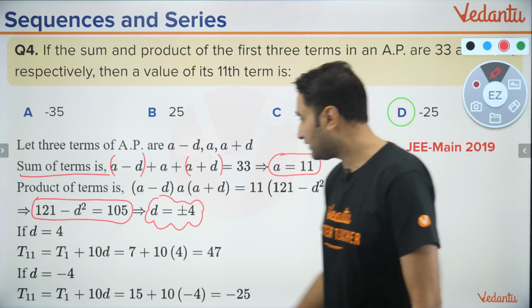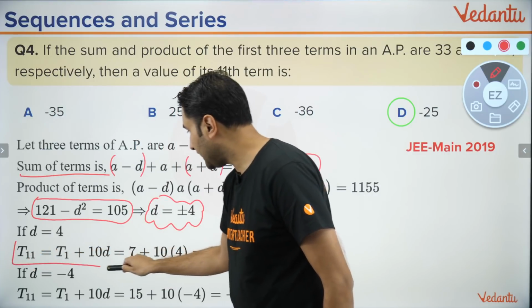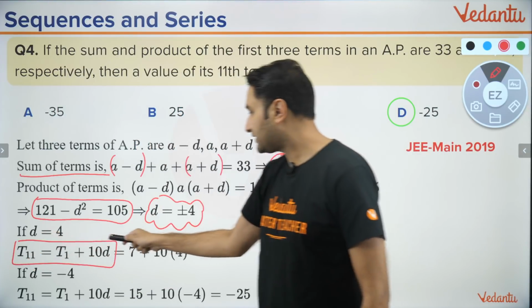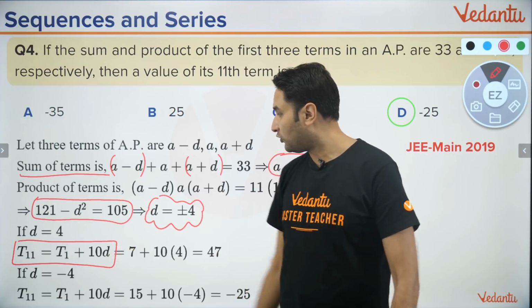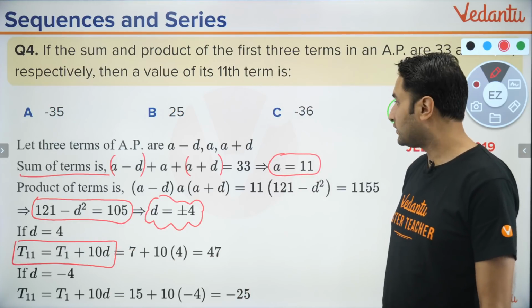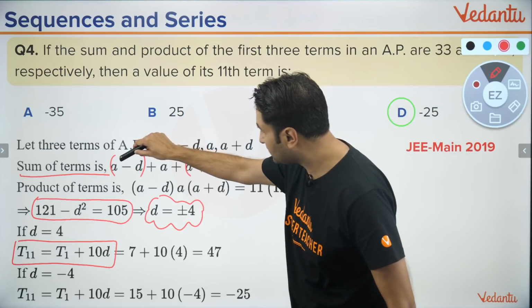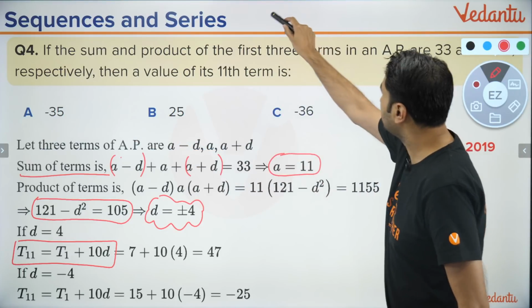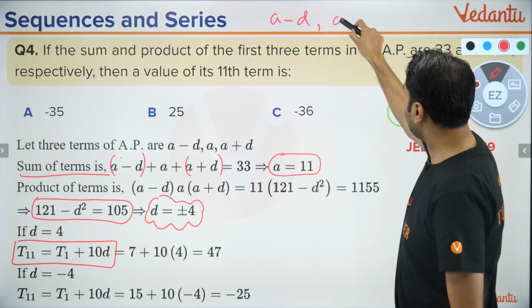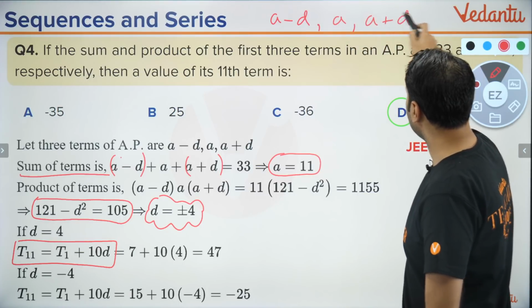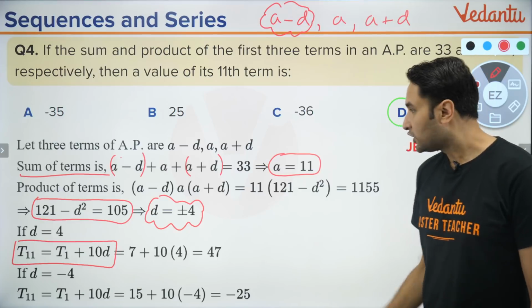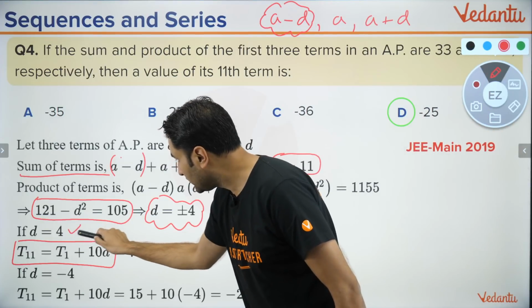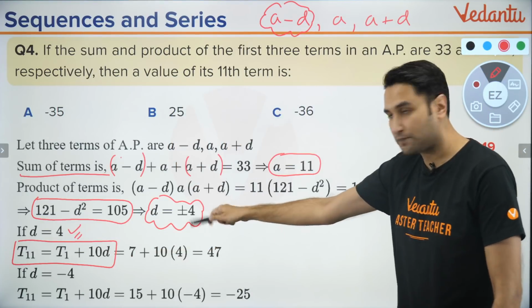What is the 11th term? The 11th term is A plus n minus 1 D. But what is the first term, children? First term is A minus D. Remember, the terms were A minus D, A, A plus D. Agree? So once take D equal to 4, because there is plus minus 4.